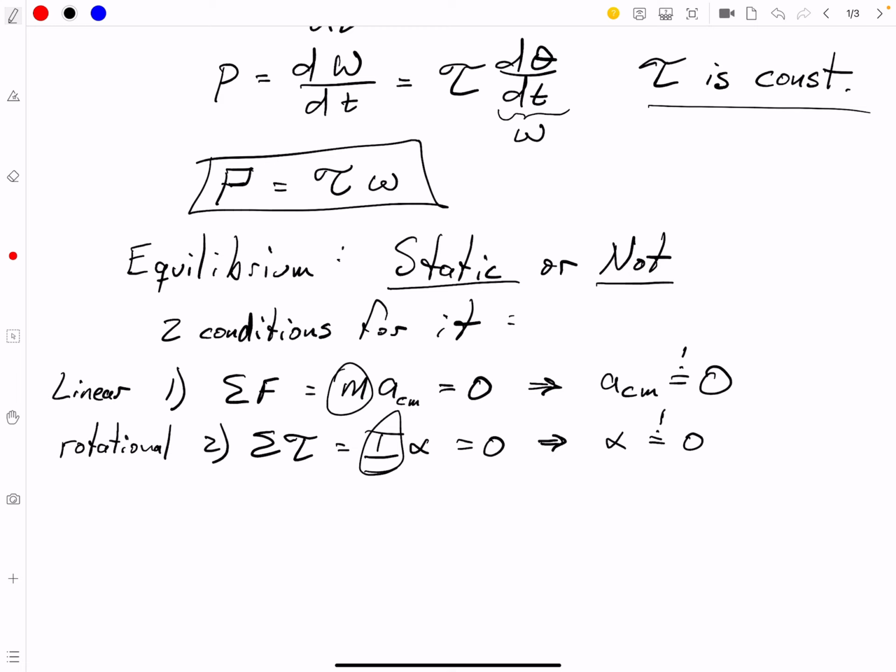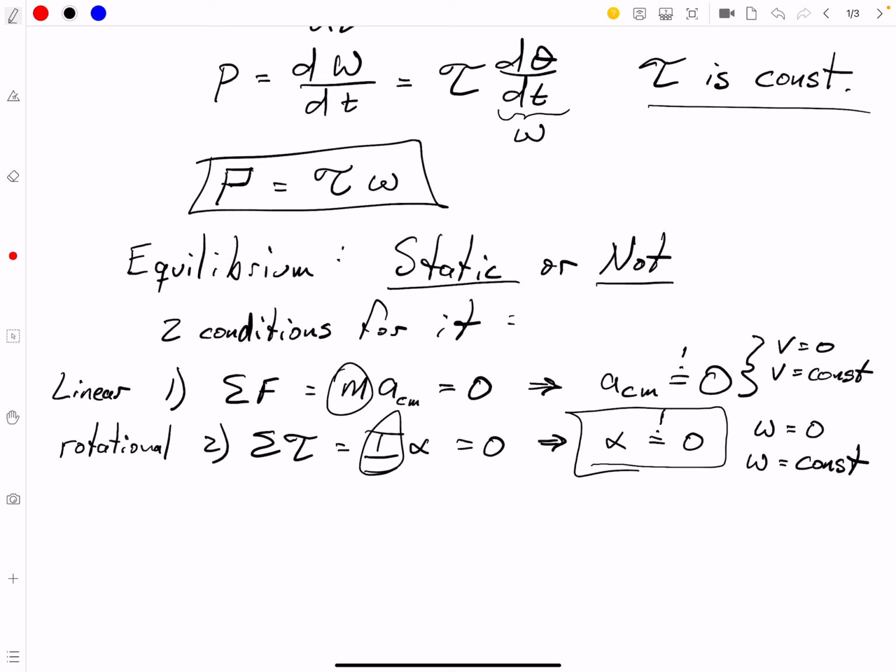What does it mean, though, for all of that? We have these equal to 0. All that means is omega is either 0 or it's a constant. That's it. And the same goes here: V equals 0 or V equals a constant.